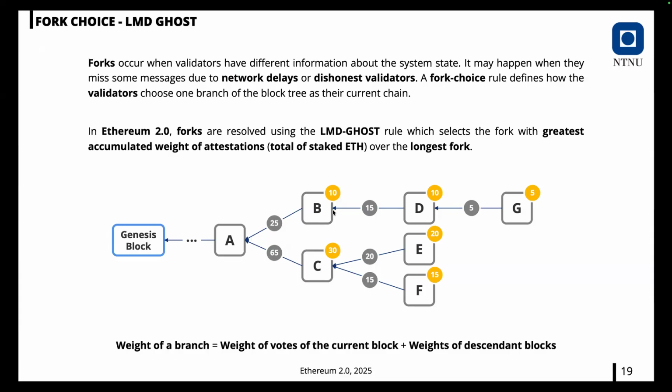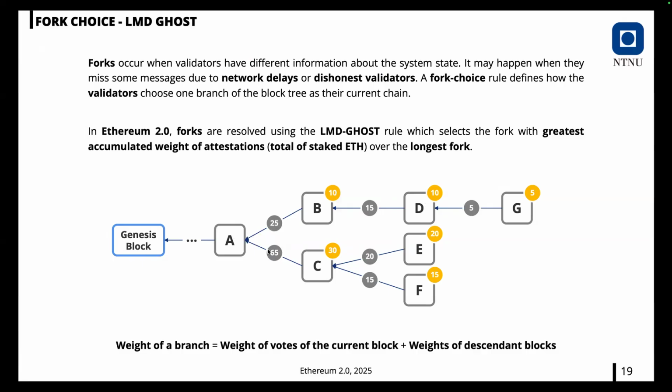And there is also a weighting process which makes certain things more valuable than others. So this path is longer, it's a longer chain, but it is weighted less than this chain, which is ACE. And this chain will win because of the way the algorithm works.